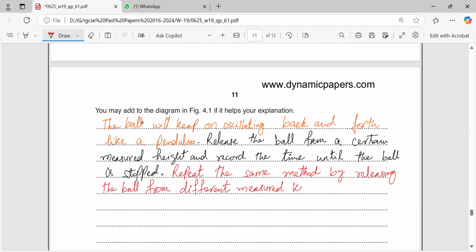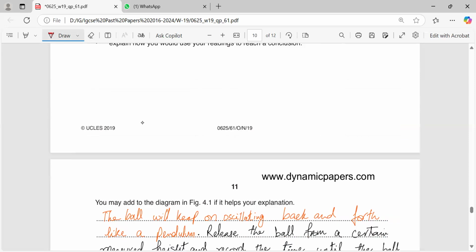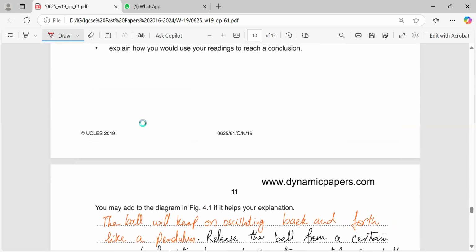Measured heights are known heights, anything you can say. So this is the method which we need to follow.